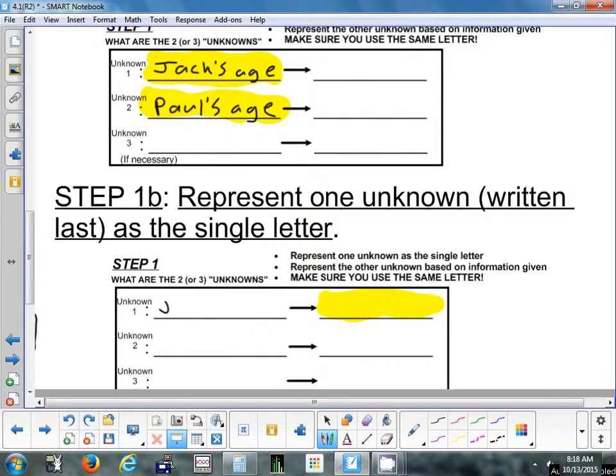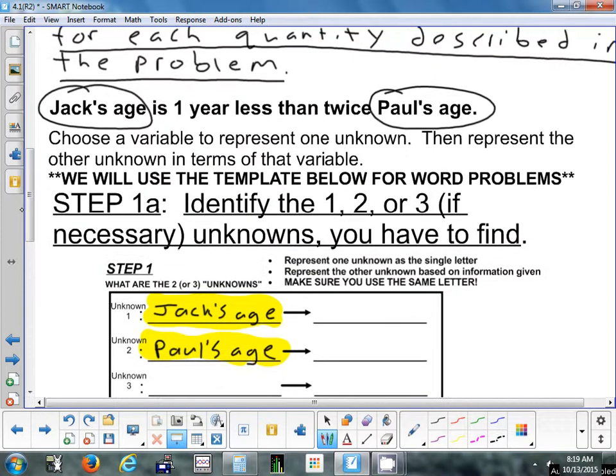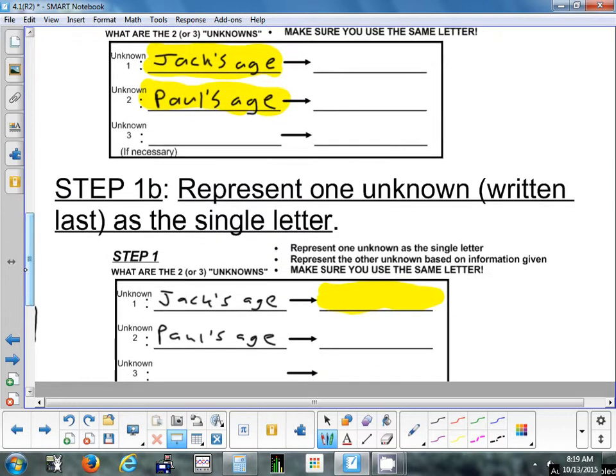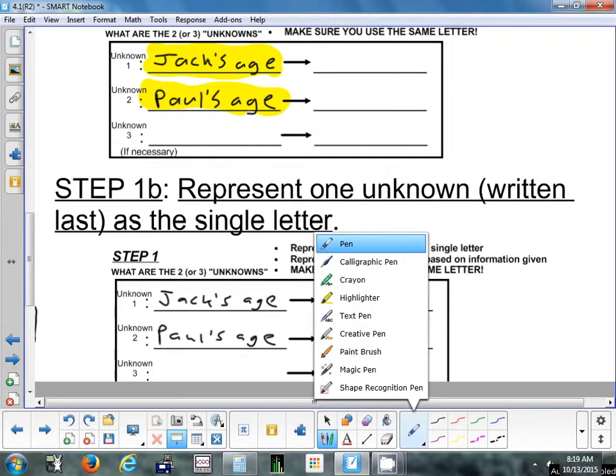So Paul's age is going to be the one that we represent as the single letter. From up above, we have Jack's age and Paul's age, and we're going to represent Paul as the single letter because Paul was the one at the end of the sentence. So what would be a good letter to represent Paul's age?